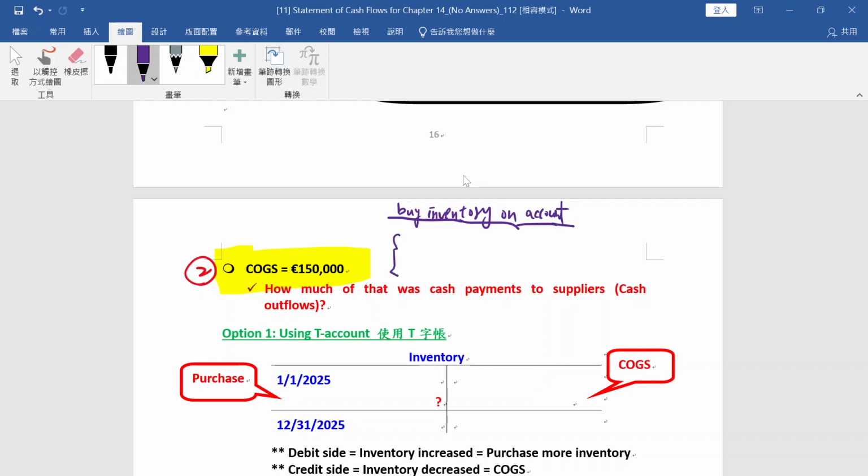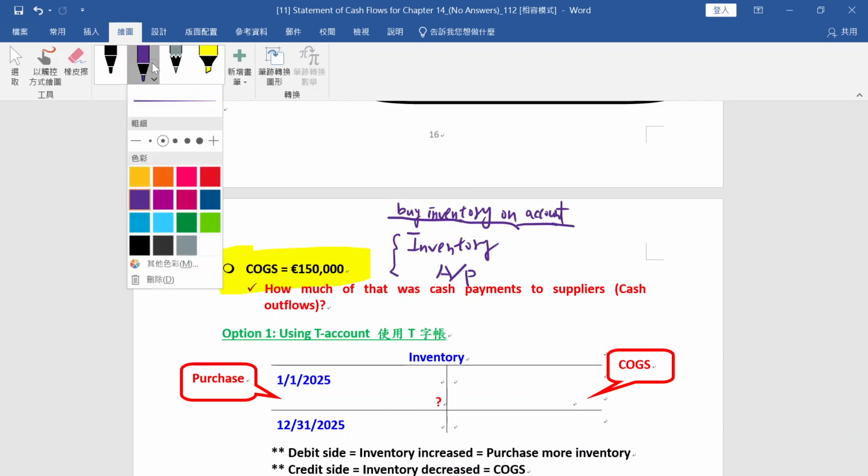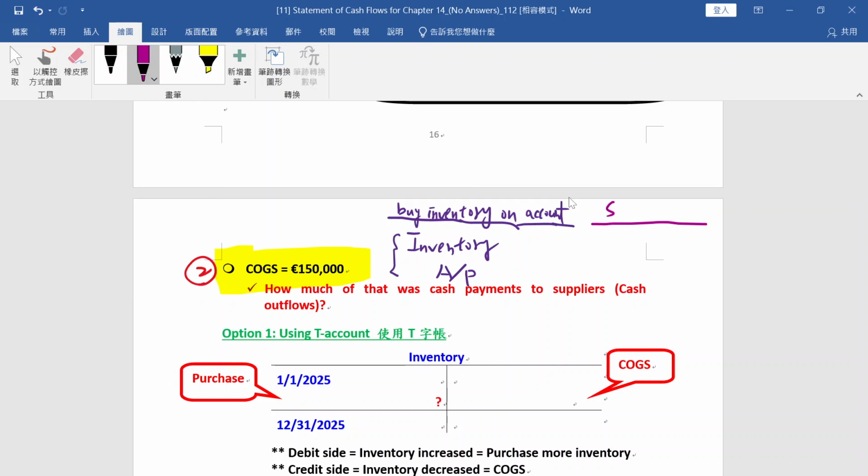What's a credit? Debit inventory, credit accounts payable, right? Then later, when you sell the inventory, remember, we use perpetual. So the second journal entry will be cost of goods sold and inventory.